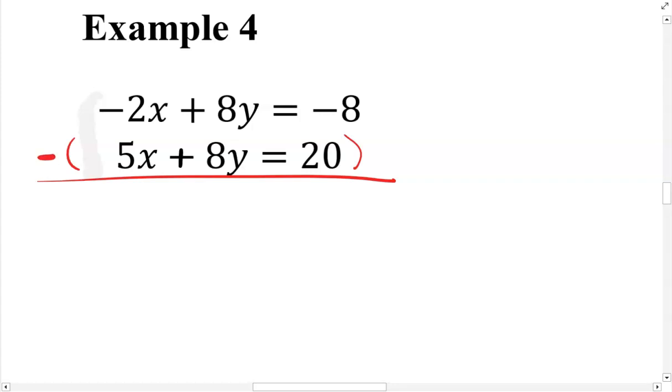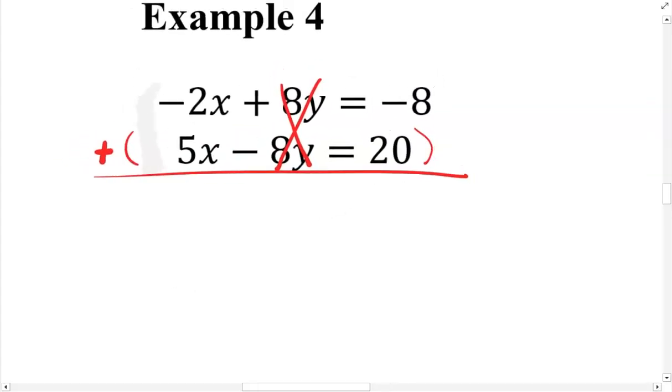And if I had 8y take away 8y, that too would have gotten these to cancel. So we might see that as another example elsewhere, but I just thought I'd share that with you now, just as a side note. But this is going to require an addition. 8y plus a negative 8y is what it takes to cancel.